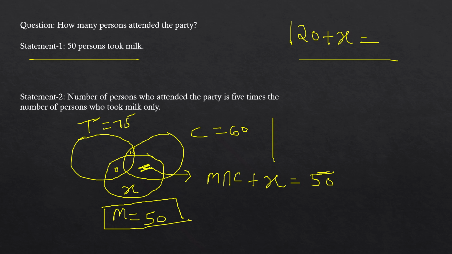Now we will check statement number 2. The number of persons who attended the party is 5 times the number of persons who took milk only.